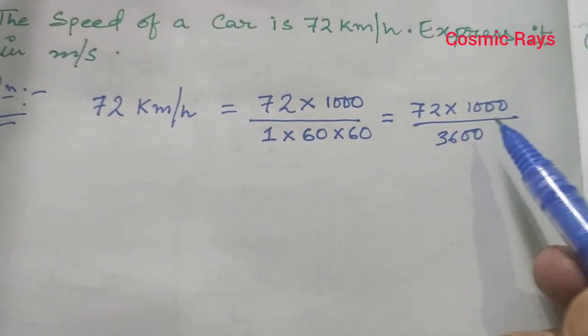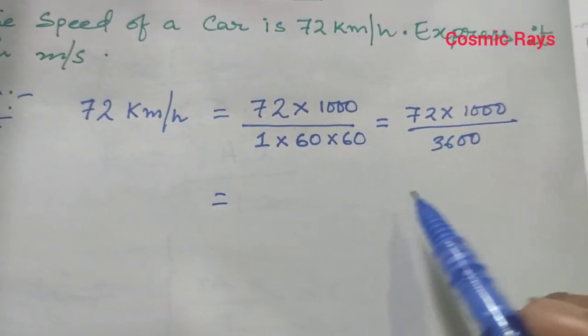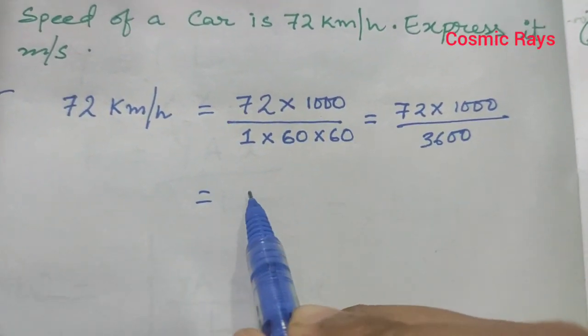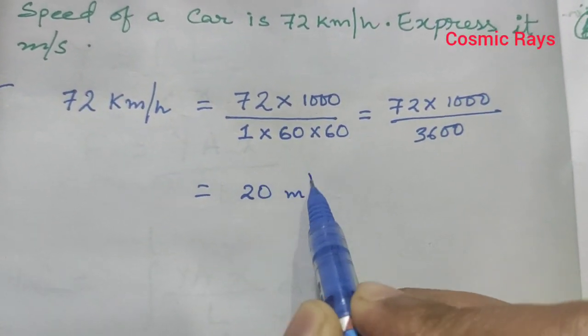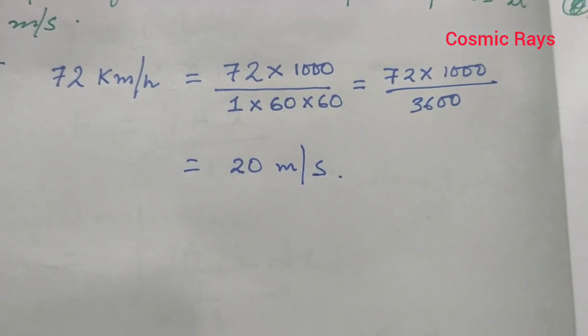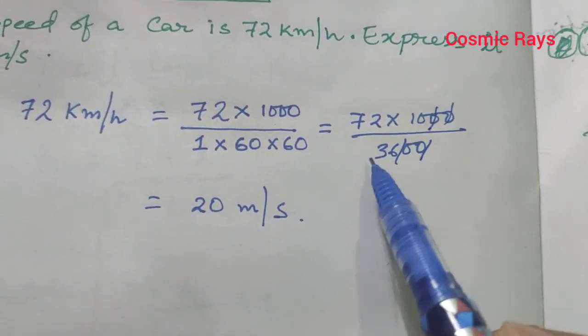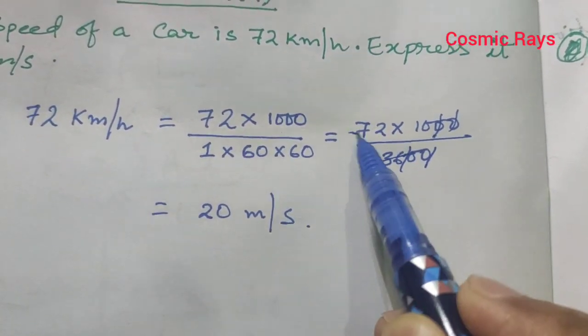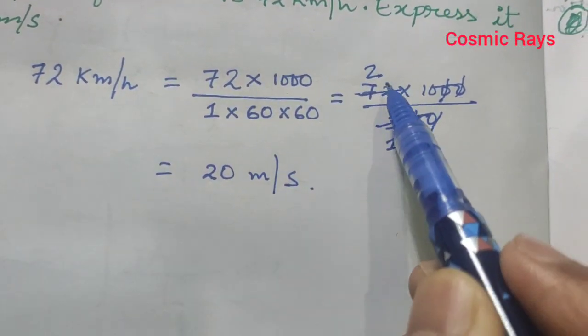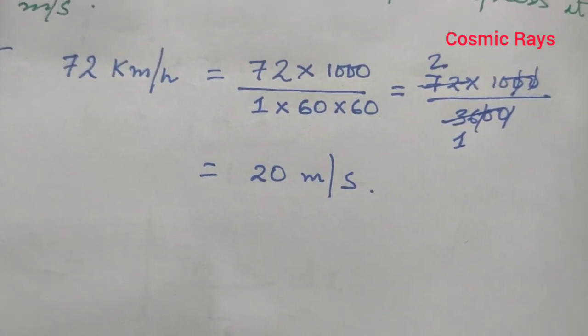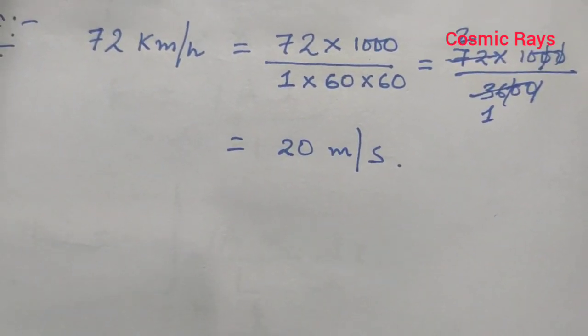So here when we simplify it, we get the answer as 20 meter per second, because here we can cancel out the zeros, and 36 times 2 is 72, so 2 into 10 is 20. So we have 20 meter per second.